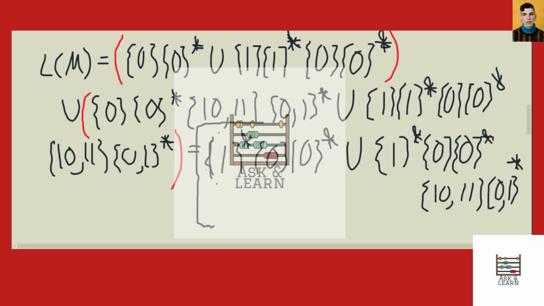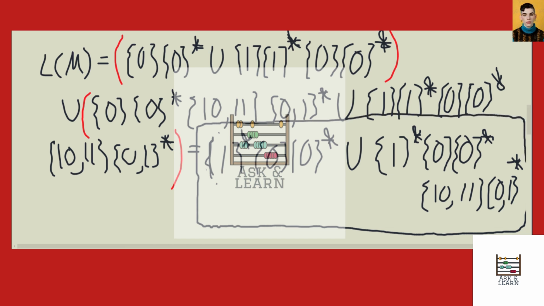So our answer is 1 star 0 0 star, union with 1 star 0 0 star 1 0 1 1 0 1 star.